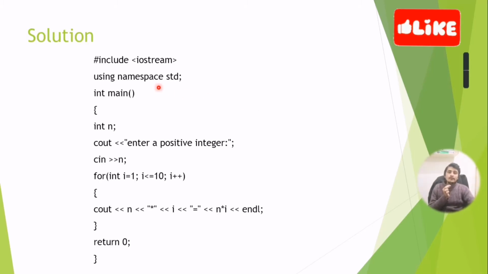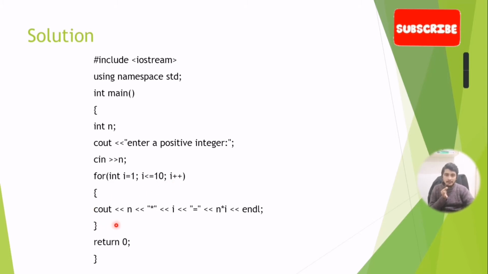Okay, so the solution is using the right standard: int n, enter a positive integer, cin n. Then for int i is equal to 1, we have initialized, i should be less than or equal to 10, i++. I want some integer which will get multiplied by 1 to 10, and then it shows the multiplication on the output screen.